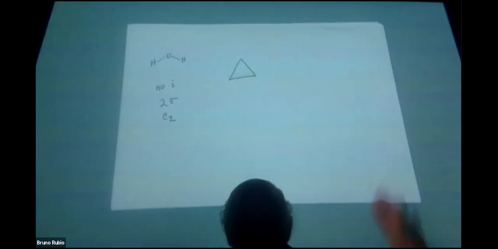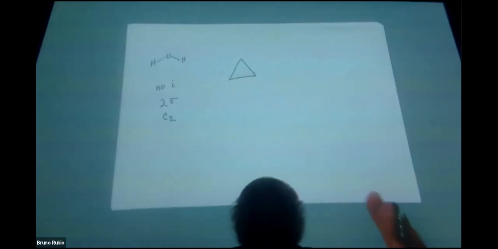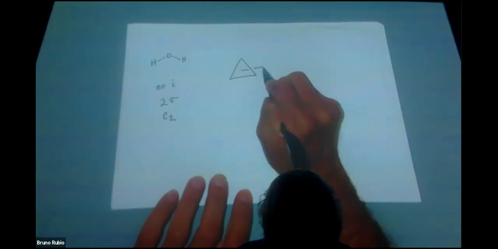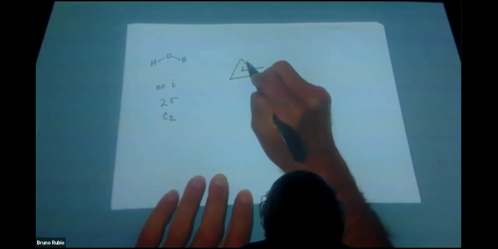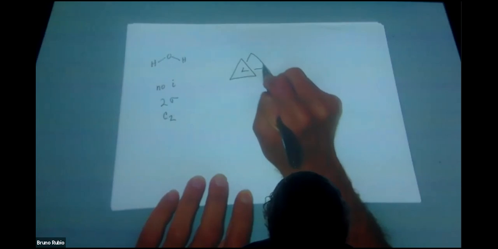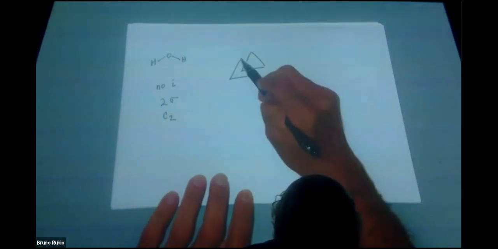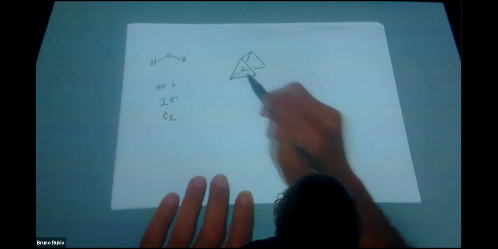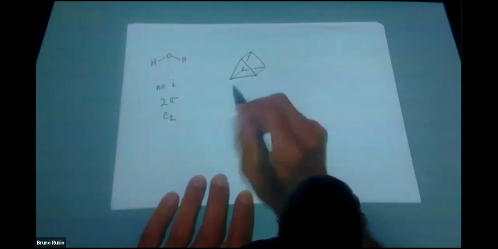And now a second equilateral triangle, which is behind this first equilateral triangle, right? So I have two triangles like that, and now connect the dots, connect the dots, connect the dots.